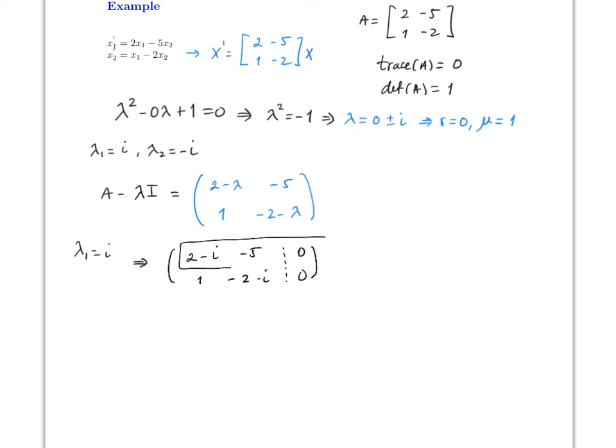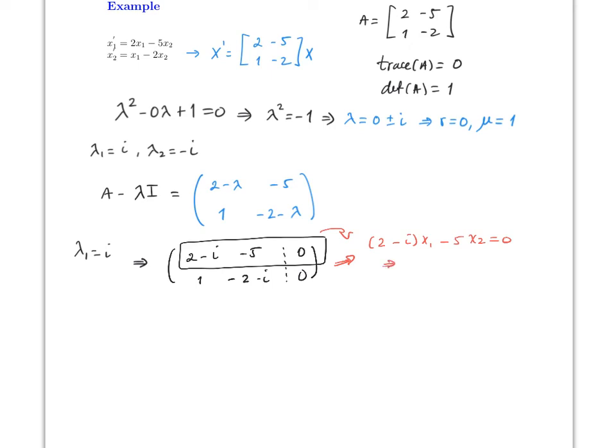Again, you can pick either this row or the next one, it doesn't matter, because remember the eigenvectors are not unique. So from the top row, you get 2 minus i times x1 minus 5 x2 is equal to 0.